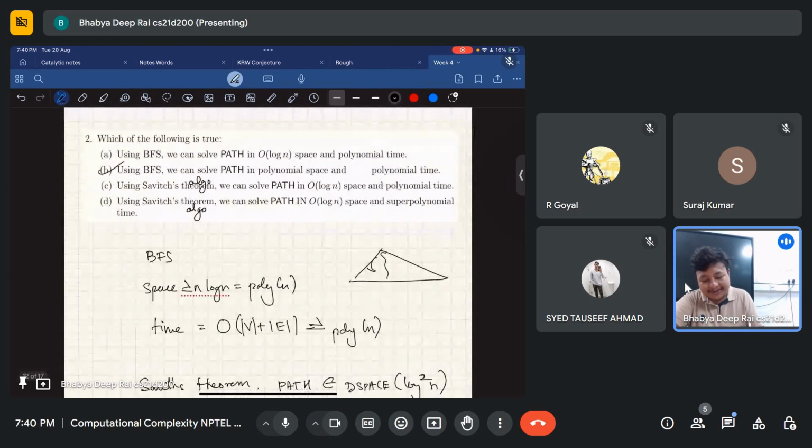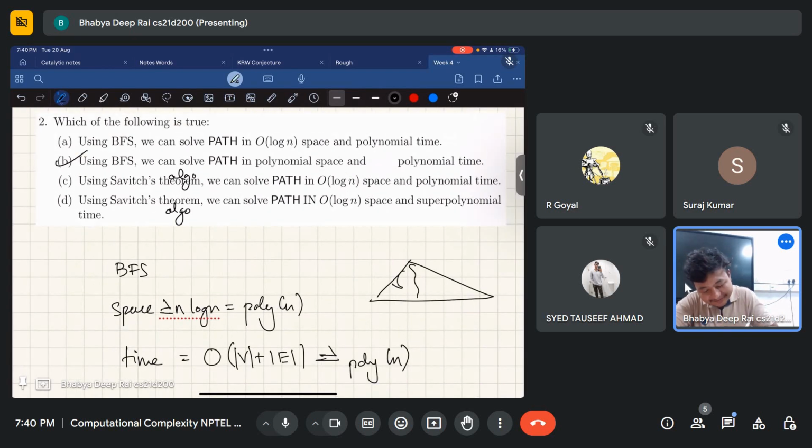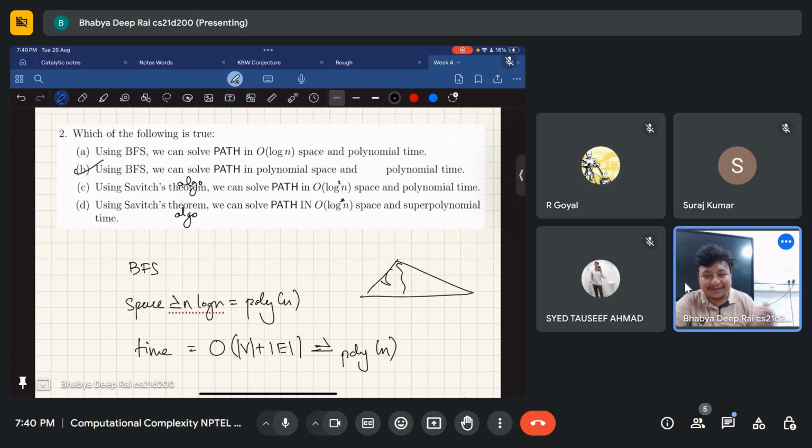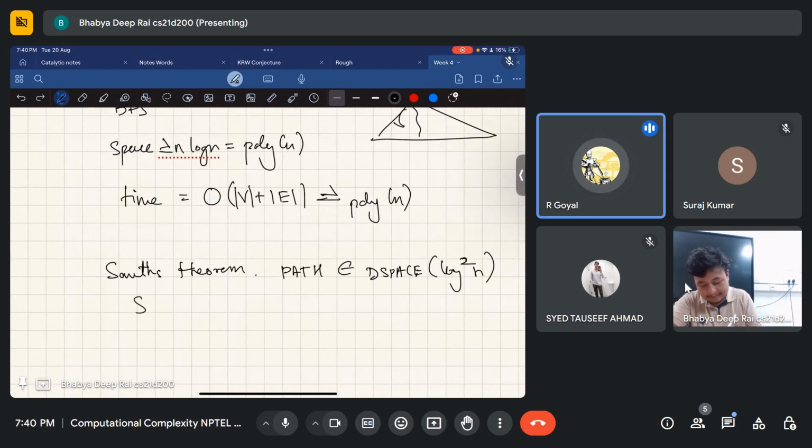So what does it immediately say? How much space? Oof, okay. A lot of mistakes in this question. Sorry for that. Okay. Yes, now it makes sense. So how much space does Savage's algorithm take? Yes, so of order of log square.